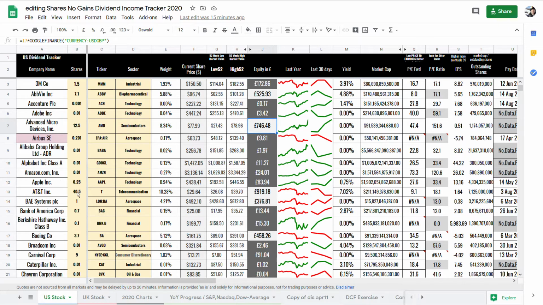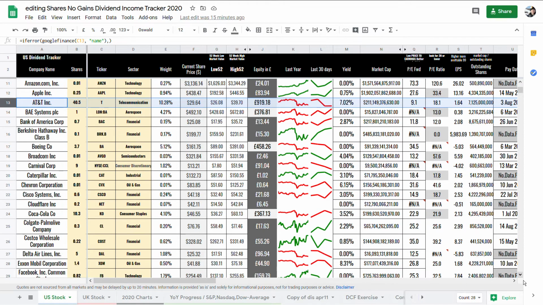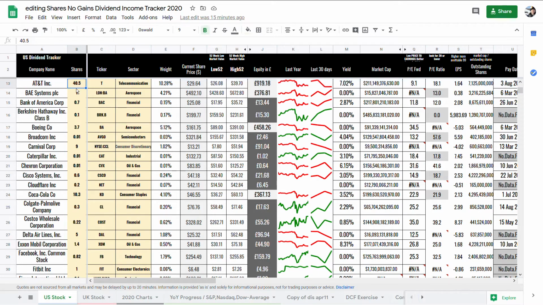As you can see, this one is AT&T. I'm going to stick this at the top so it's a little bit easier. Okay, so it's right here. If I change this to one share, you can see all this data is going to change. The weight in my portfolio switches from 10.2% to 0.28%, and all of this changes.